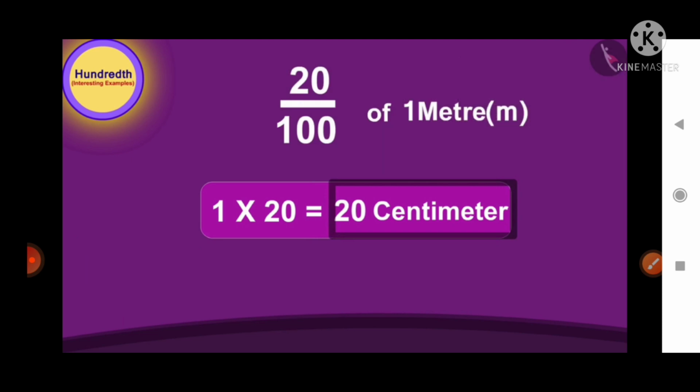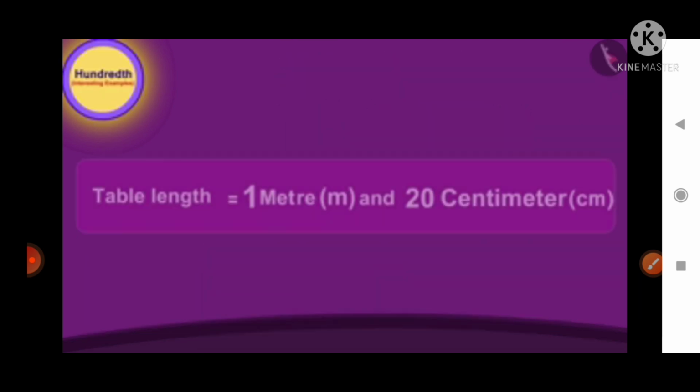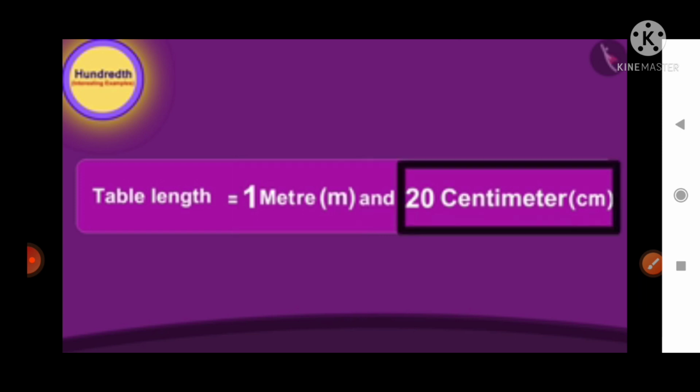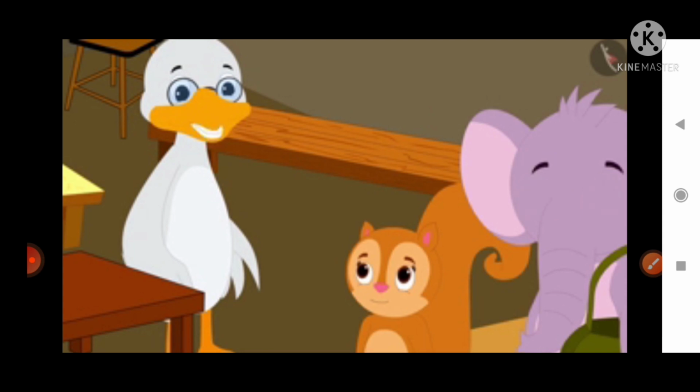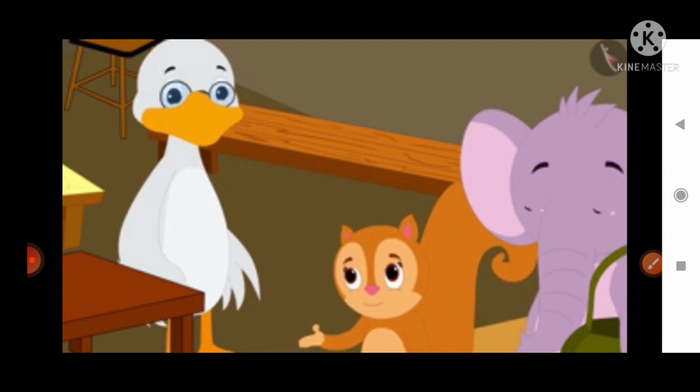Here they have given 20 divided by 100 of a meter. So how can you write it? 20/100 of a meter is equal to 20 centimeters, isn't it? So the length of this table will be 1 meter and 20 centimeters. Well done, Chanda. You learned very quickly.